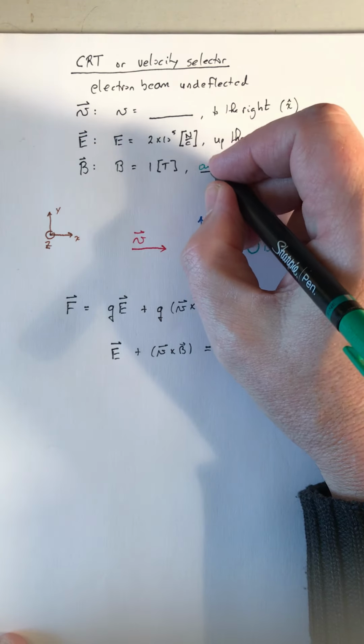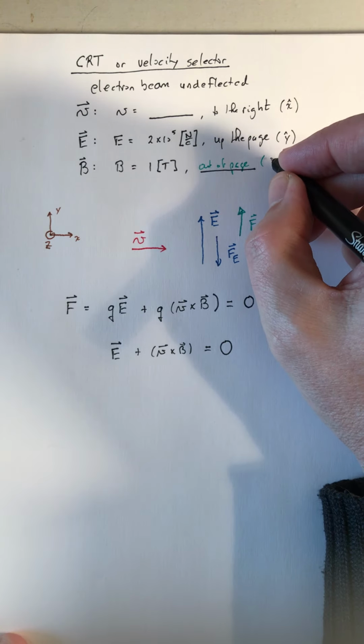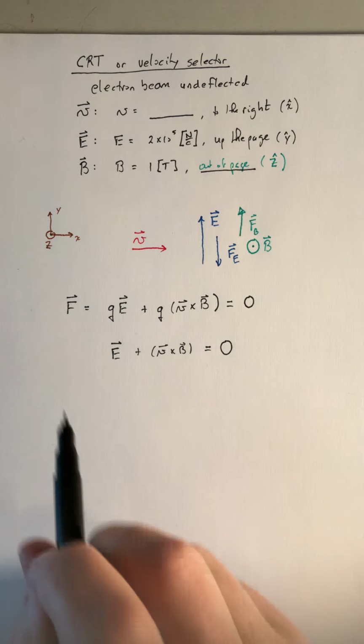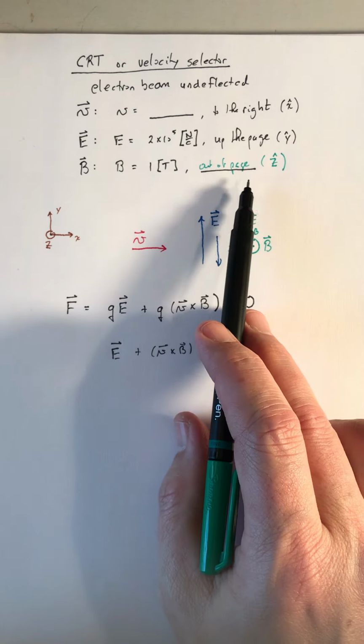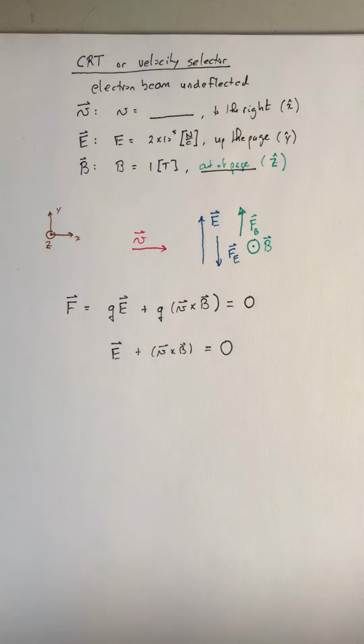So we can fill that in. And that's the positive z hat direction, in reference to our coordinate system. All right, so we have the direction of the magnetic field figured out. Now we should find the magnitude of the velocity, which is the speed.